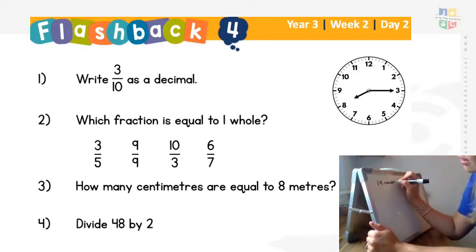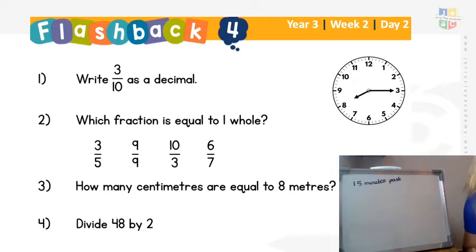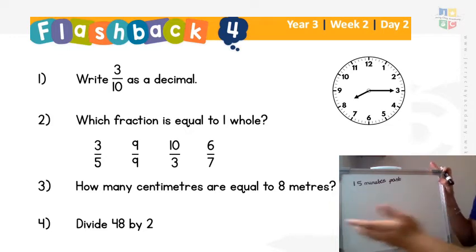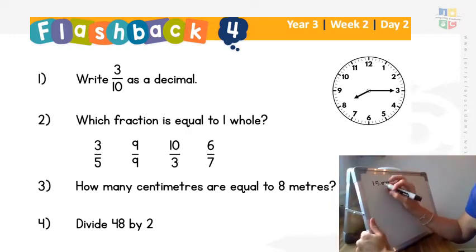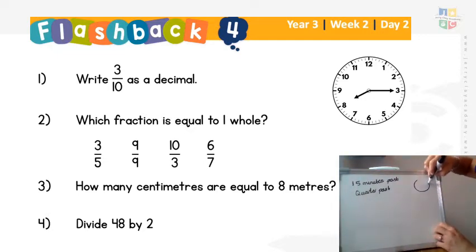I'm just going to write that down. Now, what is another way that we can say 15 minutes past? Because we wouldn't say it is 15 minutes past. You should have said that it is quarter past. Because remember, if I have got the face of a clock, at the top I have o'clock.